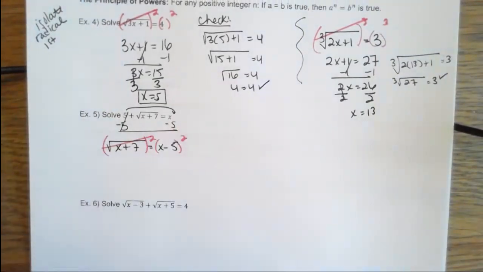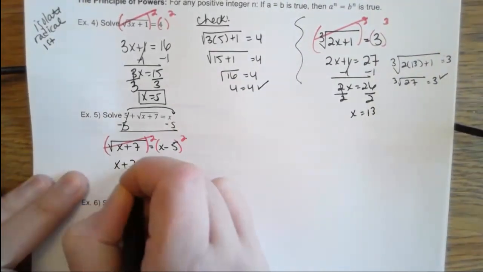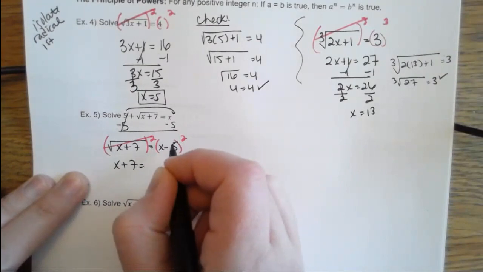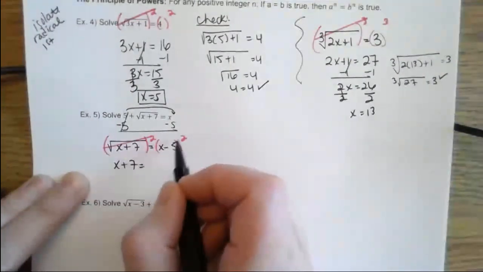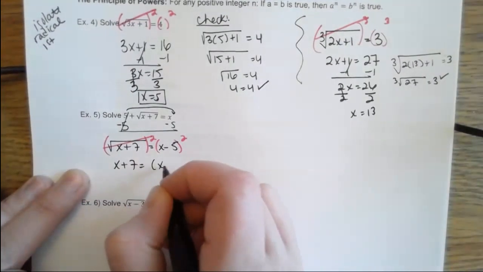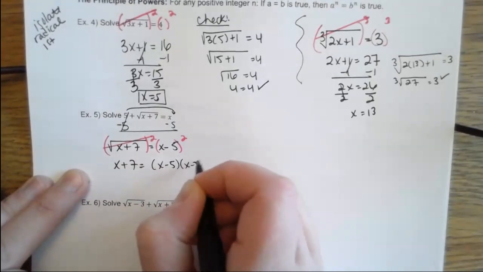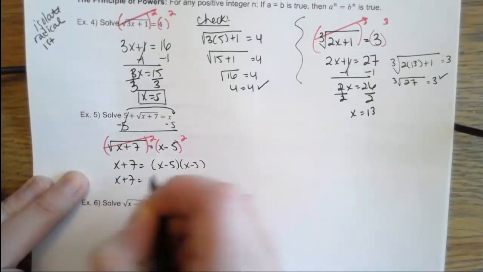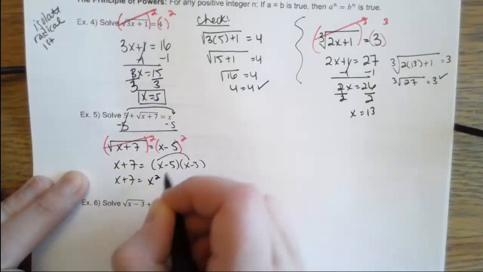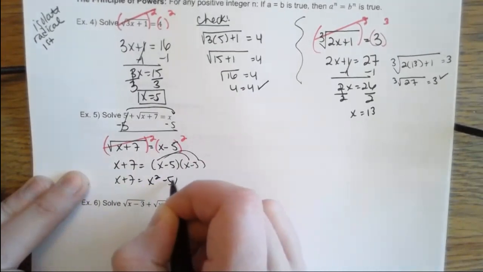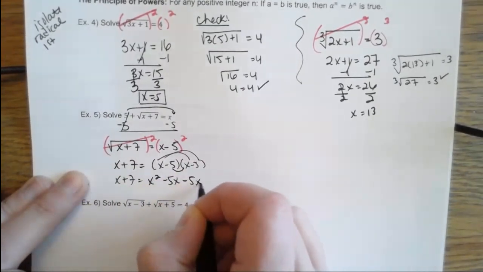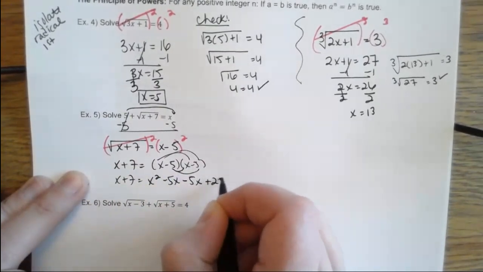And just be careful, this one's a little bit harder because when we square the other side, you have to FOIL this out. This doesn't just become x squared and 5 squared. It has to get multiplied out and FOILed. So you get x times x is x squared minus 5x minus 5x and then plus 25.